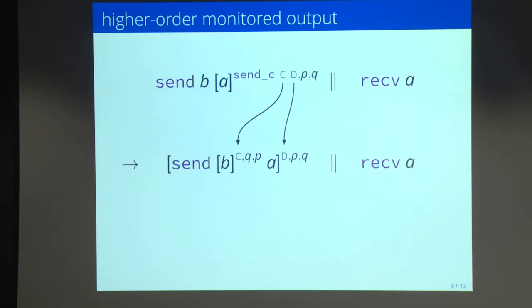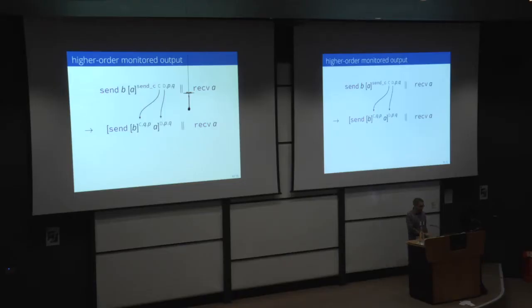So in fact, this is a value, and this is what we actually transmit to the receiver side. In this case, the monitor around B remains attached to B and is transmitted along with the message to the receiver side, and the monitor around A is updated as before.